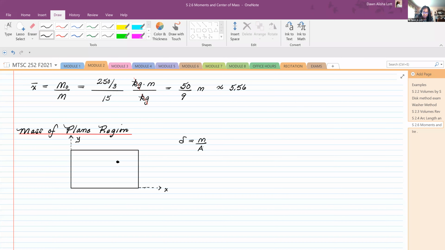But for just a moment, before we really get into that whole density thing, I just want to say, what in the world are we going to do in order to find this? We're going to need to find an X location, and we are going to need to find a Y location. And so now my center of mass is no longer one-dimensional. It is now a coordinate point, X bar, Y bar.